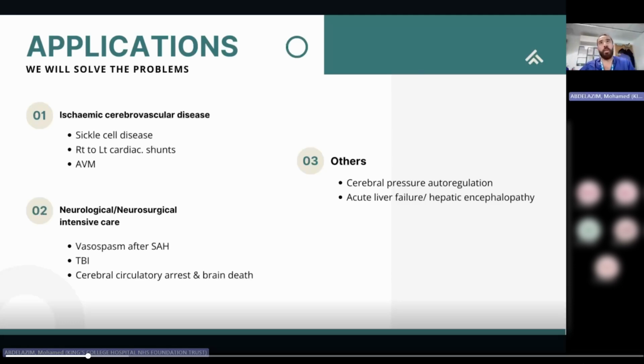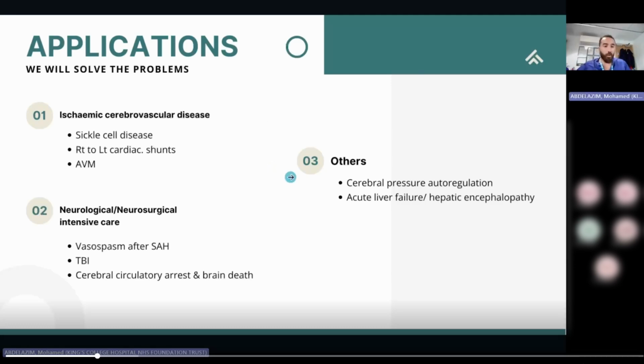Traumatic brain injury can cause different effects over the vessels. In the very early phase, maybe day 0, you could get hypoperfusion over the brain tissue. Then on days 1 to 3, you could develop hyperemia. And then onward, you can develop vasospasm as a result of the injury.